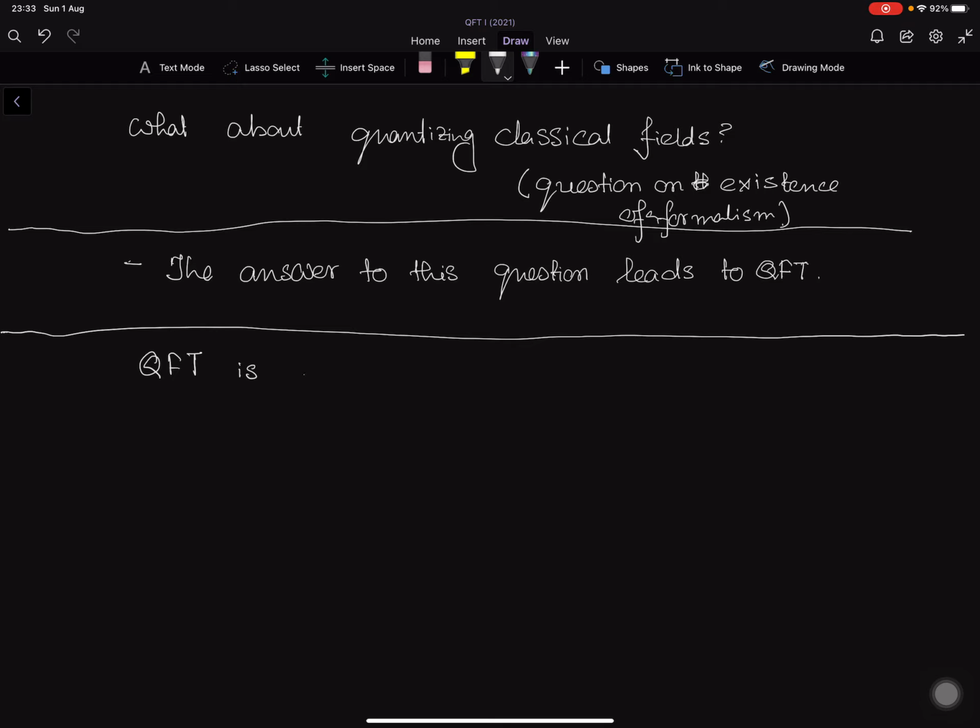QFT is a natural framework, as we will explain, to explain many body physics.